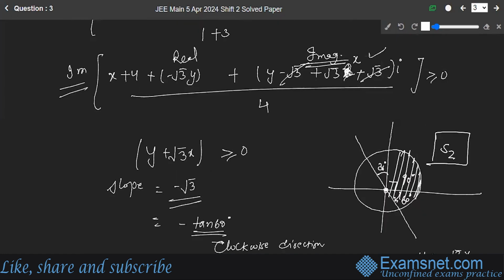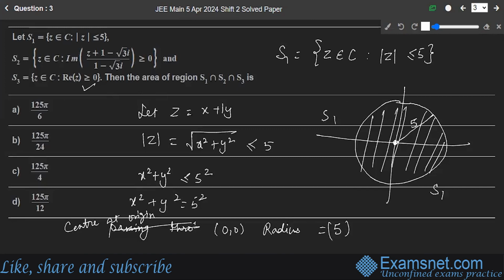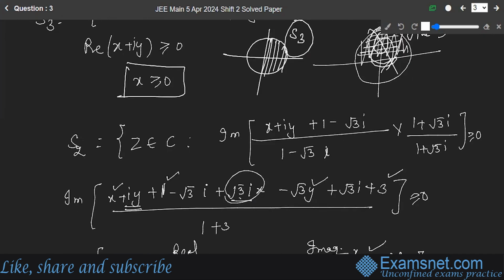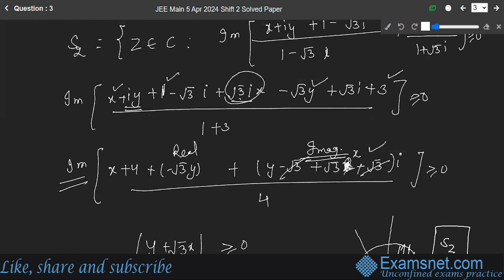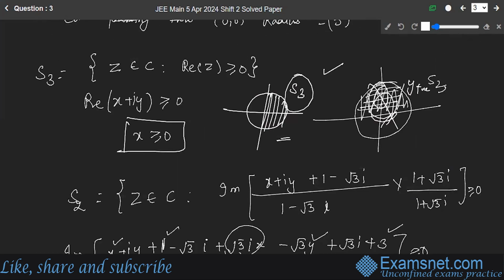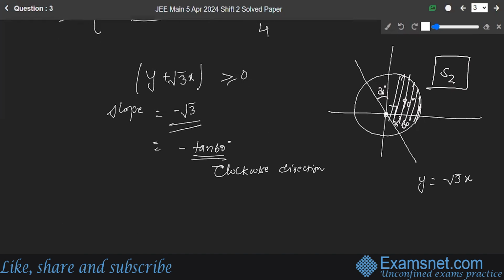I'm repeating the whole thing now. According to S1, I'm taking the whole circle. According to S2, I'm taking only the positive value of X. And according to S3, I'm taking only the positive value of X. And according to S2, I'll be taking this much of portion. This will also be included. So intersection of S1, S2 and S3.